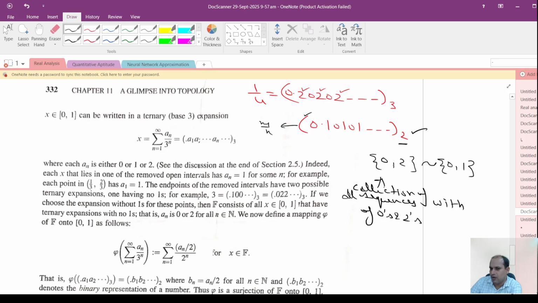So this gives an idea of constructing a map which will identify every member of the Cantor set to some member in binary representation.